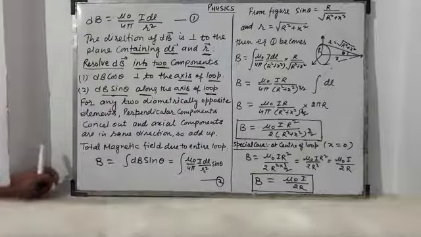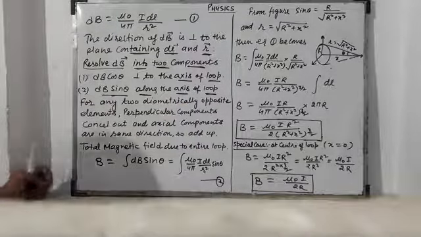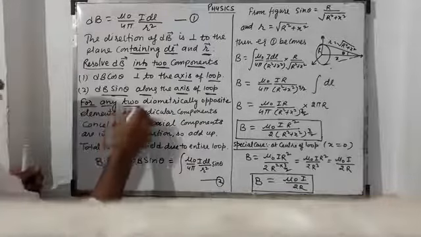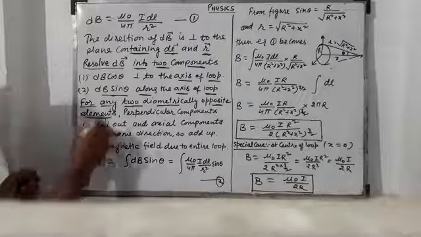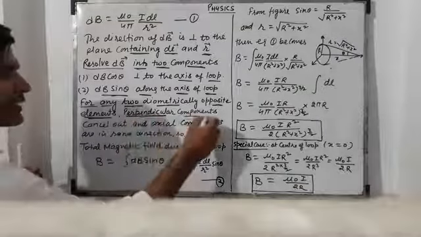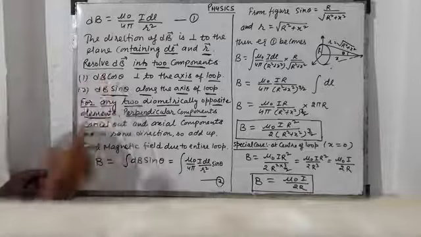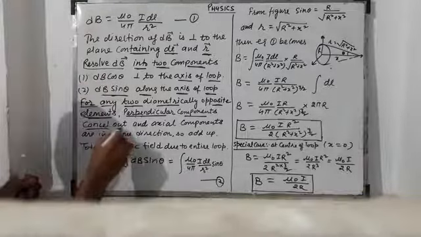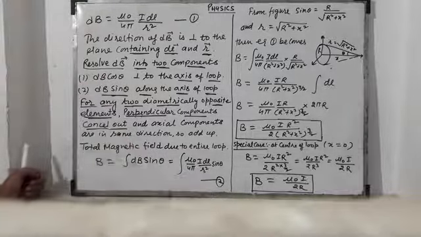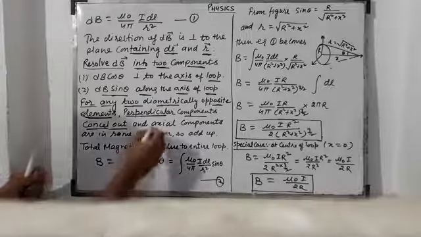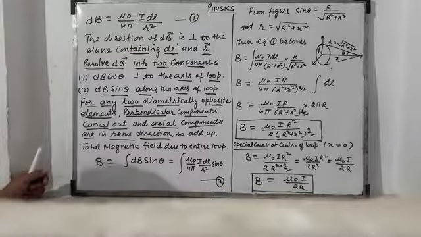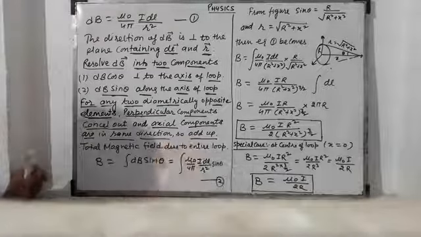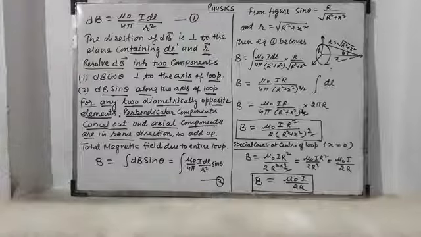Now from the diagram you can see that for any two diametrically opposite elements, the perpendicular components, that is dB cos theta, cancel out because they are in opposite directions, and the axial components are in the same direction, so they add up.